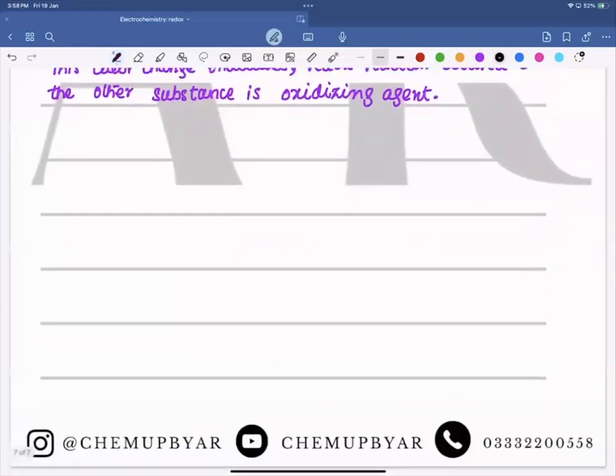Now, we have magnesium reacting with hydrochloric acid, forming MgCl2, magnesium chloride salt, and hydrogen gas.